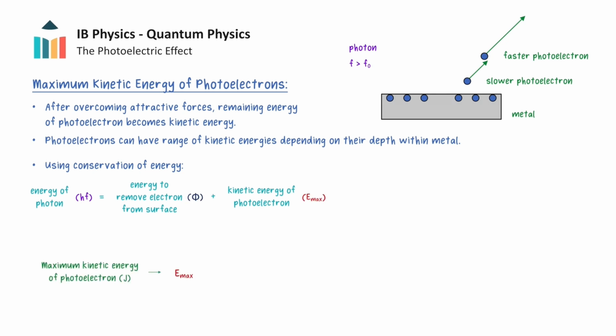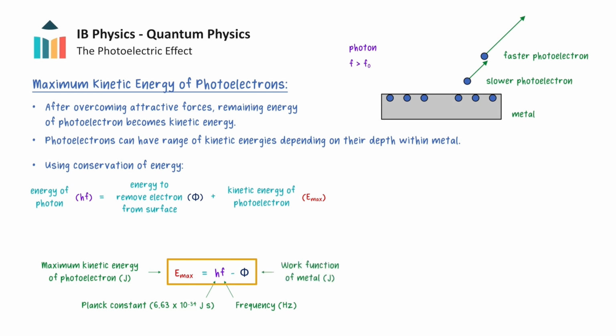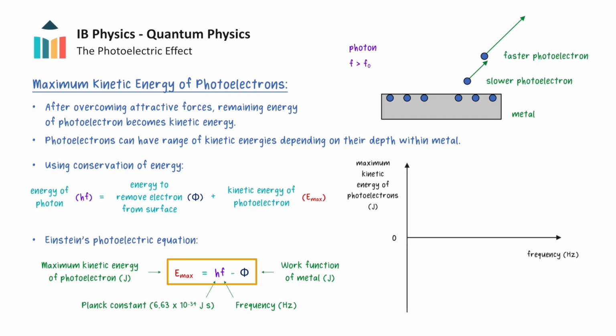So denoting E sub max for the maximum kinetic energy, we can rearrange this to find that the maximum energy is the difference between the incident photon's energy and the work function of the metal, and this is referred to as Einstein's photoelectric equation.